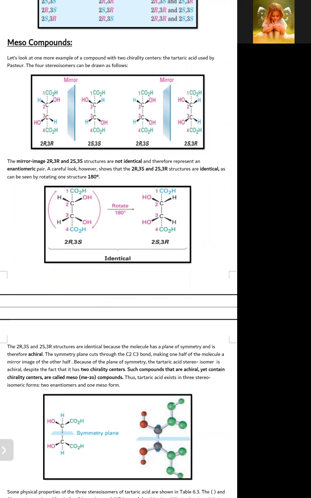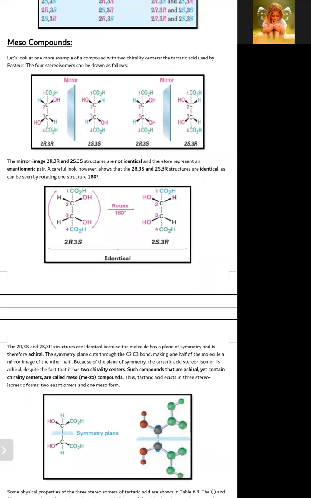Let's look at one more example of a compound with two chirality centers, tartaric acid, used by Pasteur. The four stereoisomers can be drawn as follows. Tartaric acid has two chirality centers.